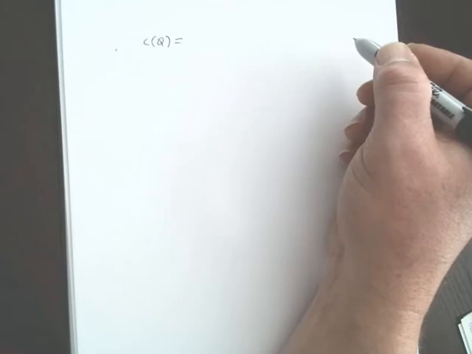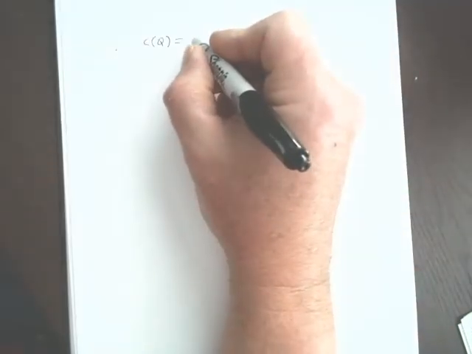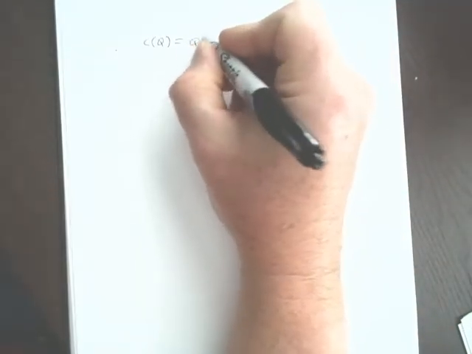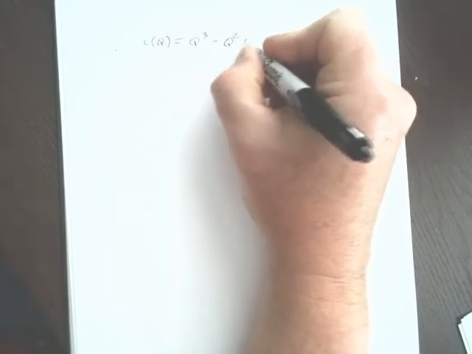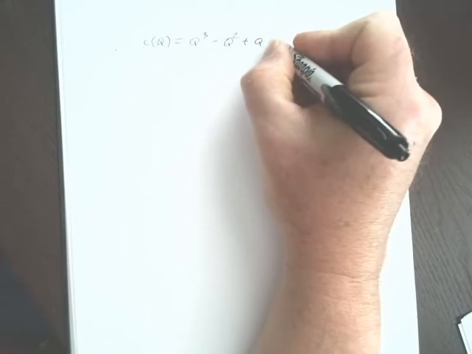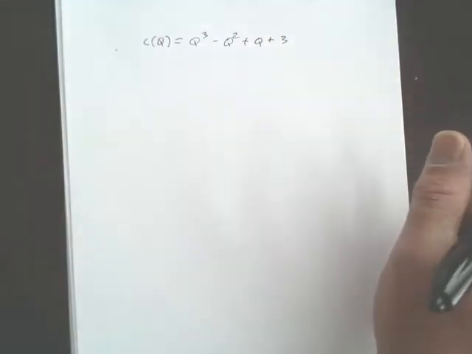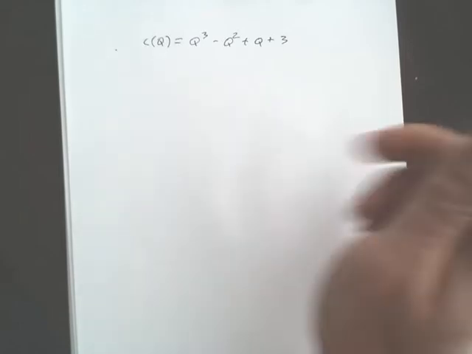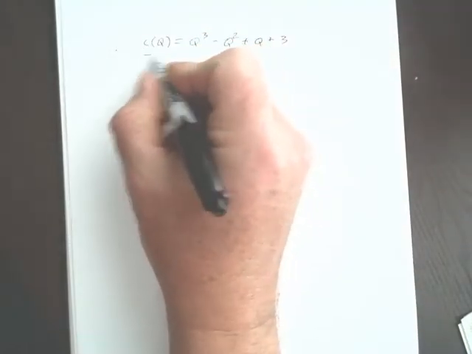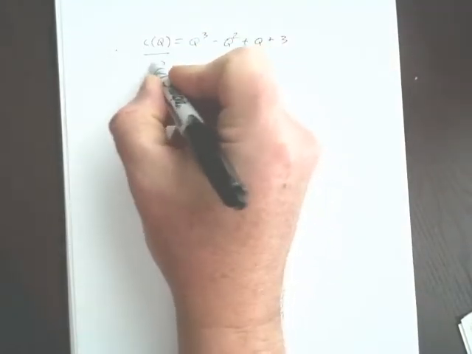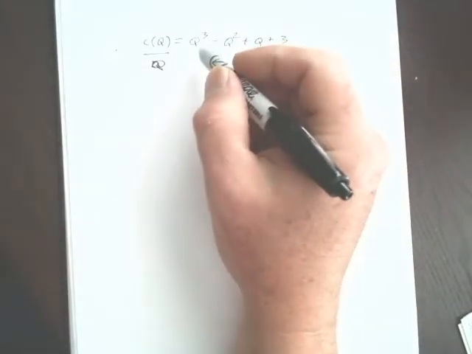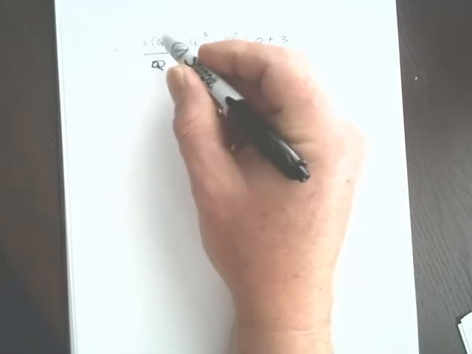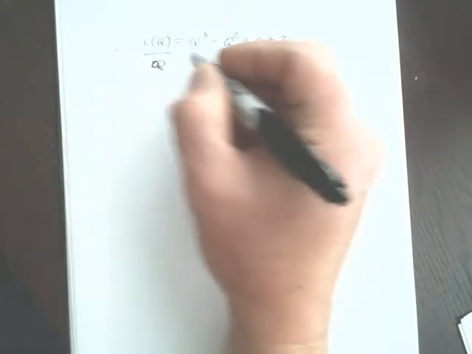However, if we have a cubic function that looks like this, just some sort of basic cubic cost function, when we take the average in order to find our different average costs, this would be average total cost, ATC.